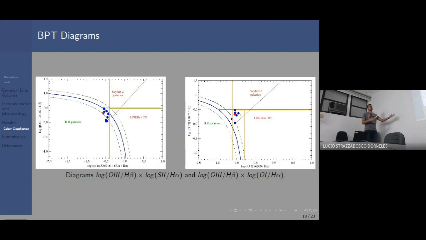We classify in this work the galaxy as in transition from an HII region to a LINER. That means that the ionizing medium of the gas is transitioning from blue stars to an AGN effect in the center of the galaxy.